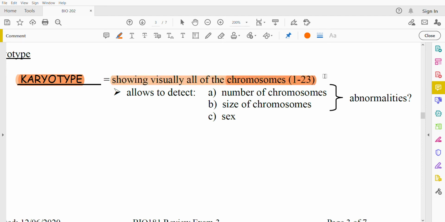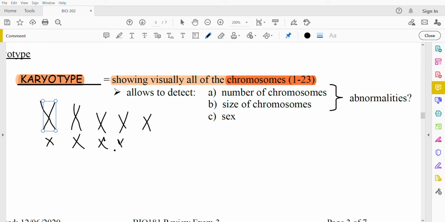So there's 23 chromosomes that we all have. And these chromosomes in a karyotype are organized based on their size. And we organize them from larger to smaller, and we end up noticing that there's going to be 23 of those in all healthy individuals.